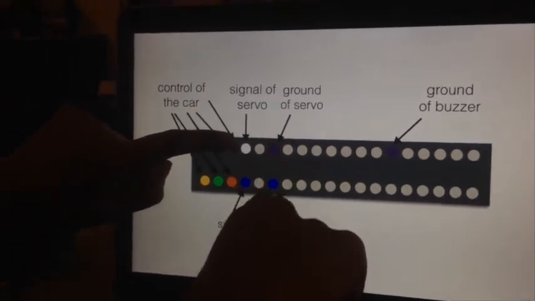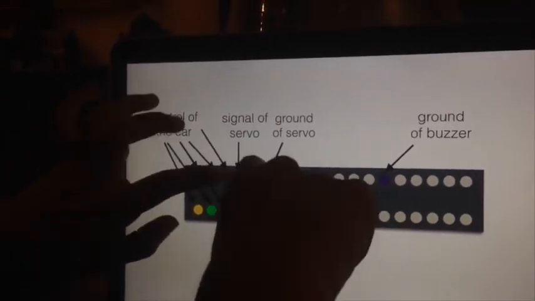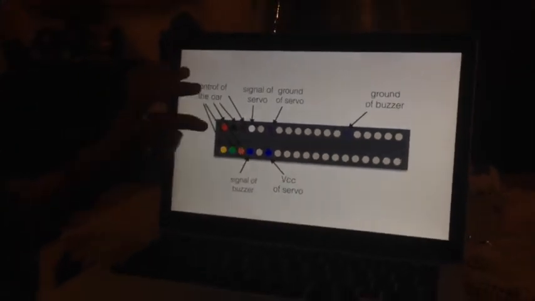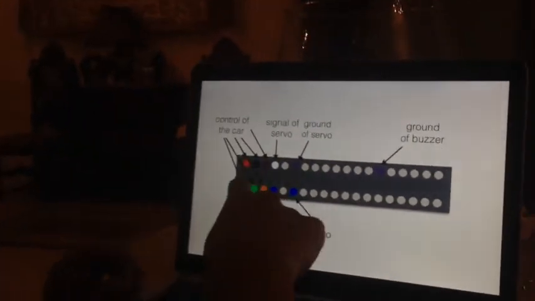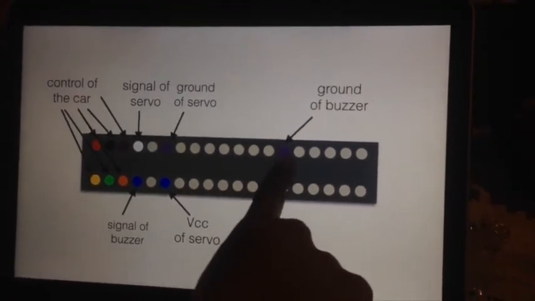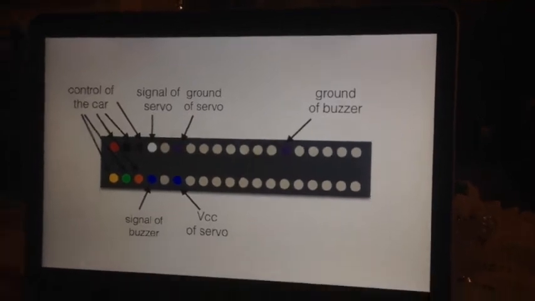Right next to it are the VCC and the ground for the motor. And the signal of the buzzer is assigned right in front of the servo because they work at the same time. And the buzzer will only need a ground from the 3 volt back here.